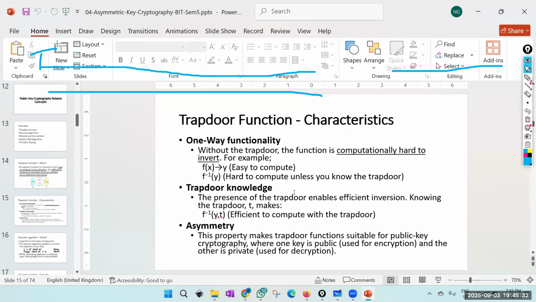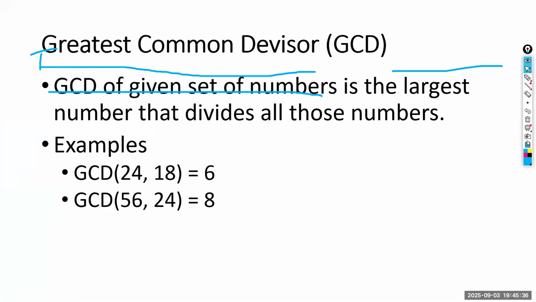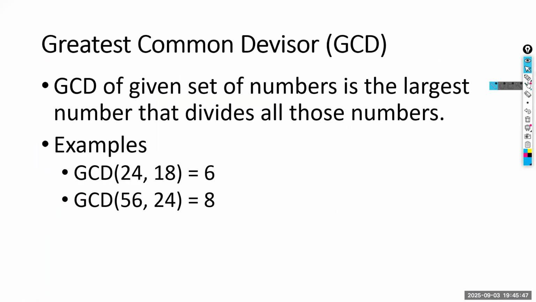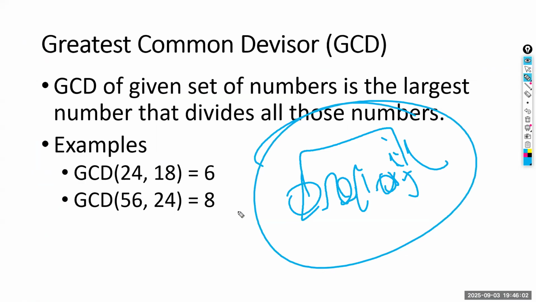Now we have discussed another concept, that is GCD. Remember, these are concepts related to asymmetric key cryptographic algorithms. Just like the philosophers and the elephant, we are just looking at different parts of the algorithm rather than the whole algorithm.